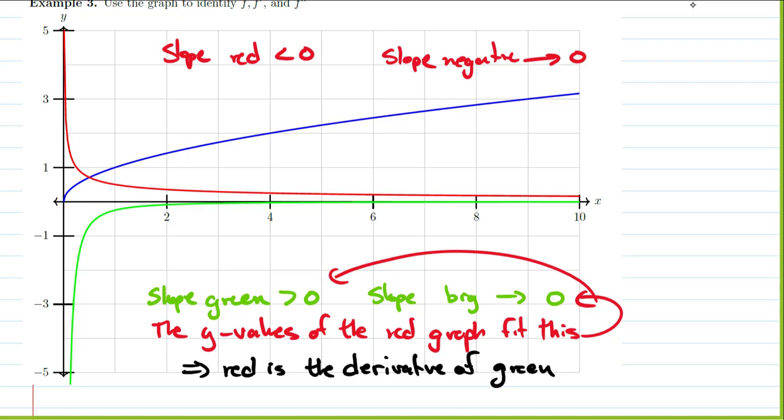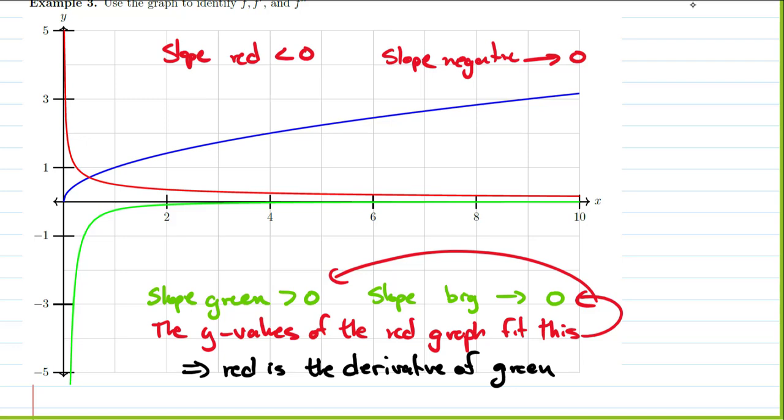So now the only one that's left is blue. Do the y-values of blue fit that pattern? Well, what are my y-values of blue? Well, they're always positive. Oh, so that's a problem, right? Do the y-values of blue get close to 0?